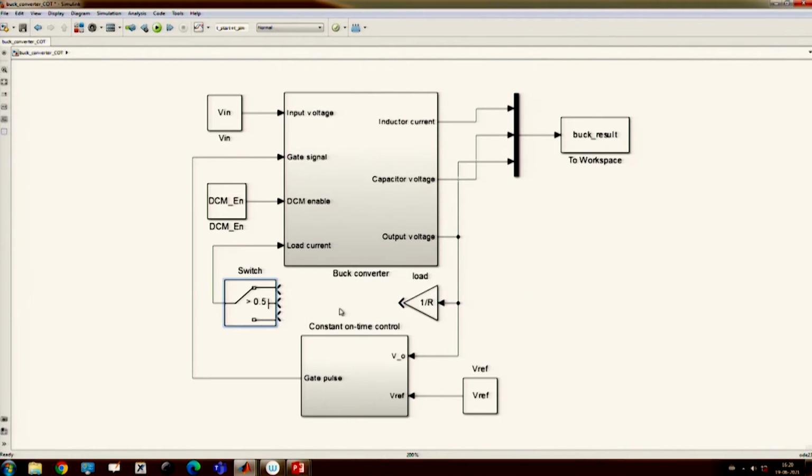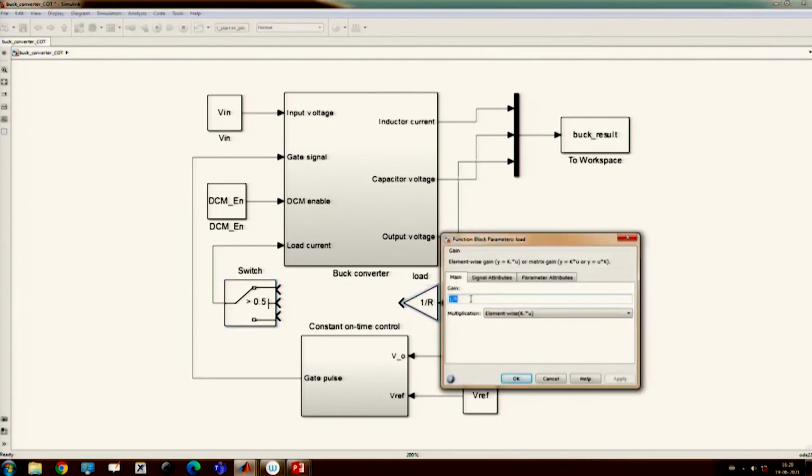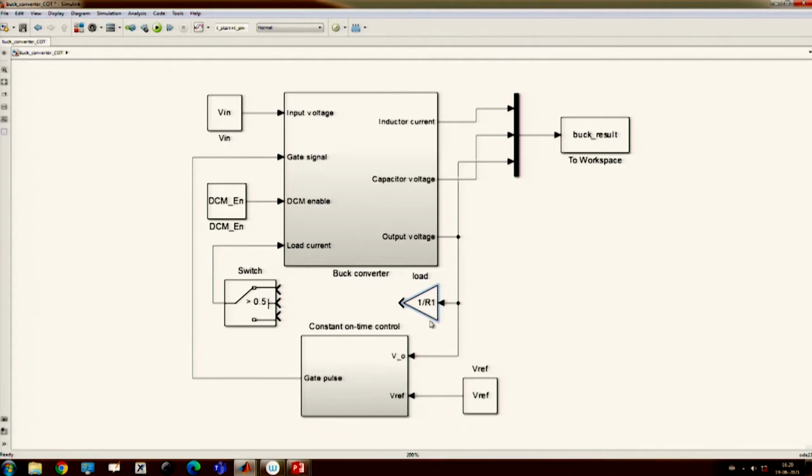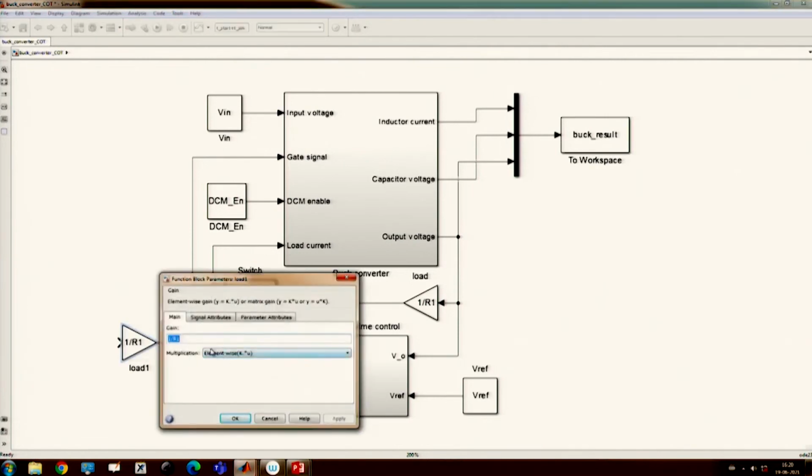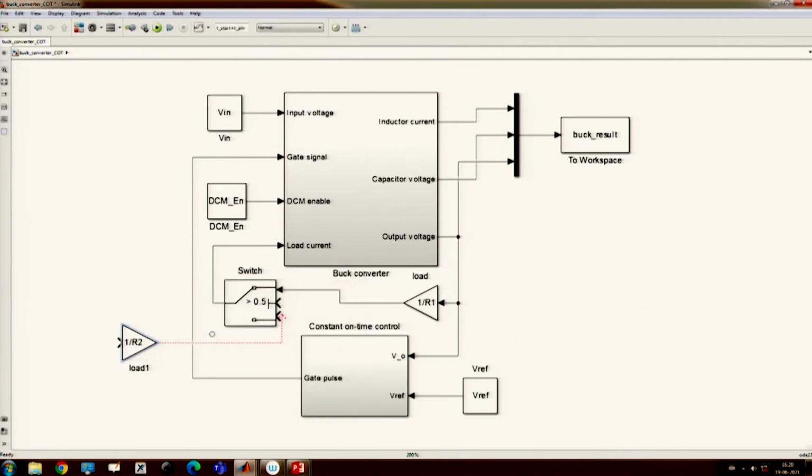Initially it will take R1, that means there are two loads, one is R1 and the other one I want to take is R2, because it should change to R2.